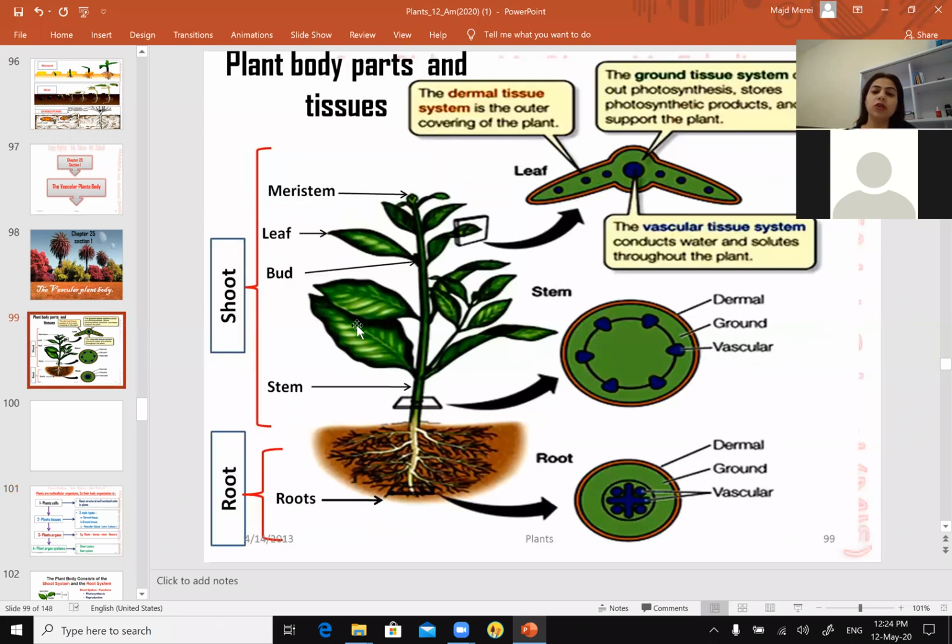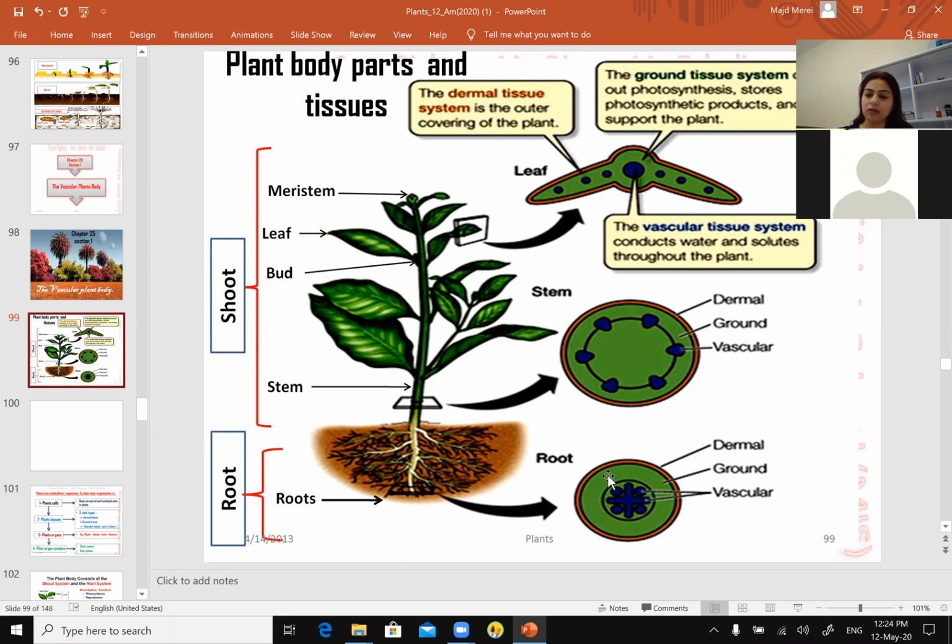In general, you learned before how to label the different tissues within a root. Here we have a cross section of a root. The outermost layer, this orange one, is the dermal. Notice where the vascular tissues, xylem and phloem, are found. They are found within the core or the center. Anything else?